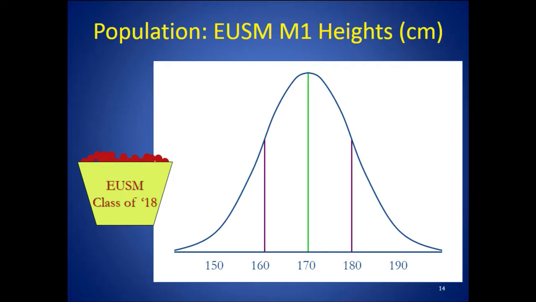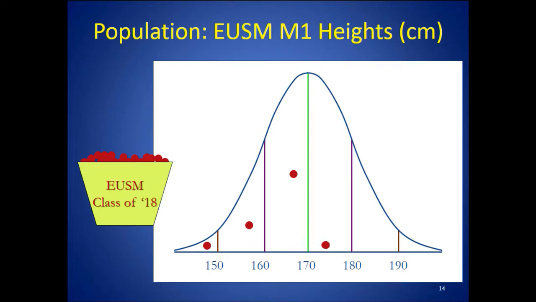Well, that's going to be 68%, right? Because 68% of our observations are going to be within one standard deviation of the mean. What's the probability of pulling somebody out of the bucket whose height is between 150 and 190 centimeters? Well, that's going to be 95%, because 95% of our observations are going to be within 2 standard deviations of our central tendency.